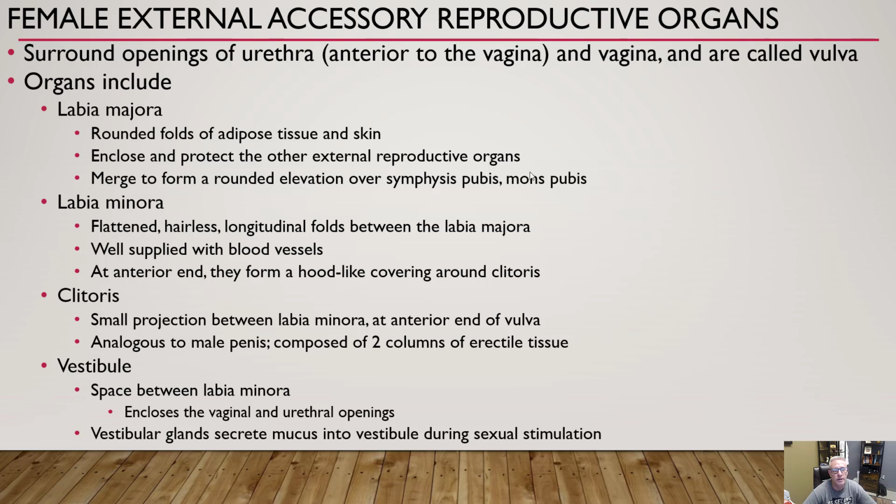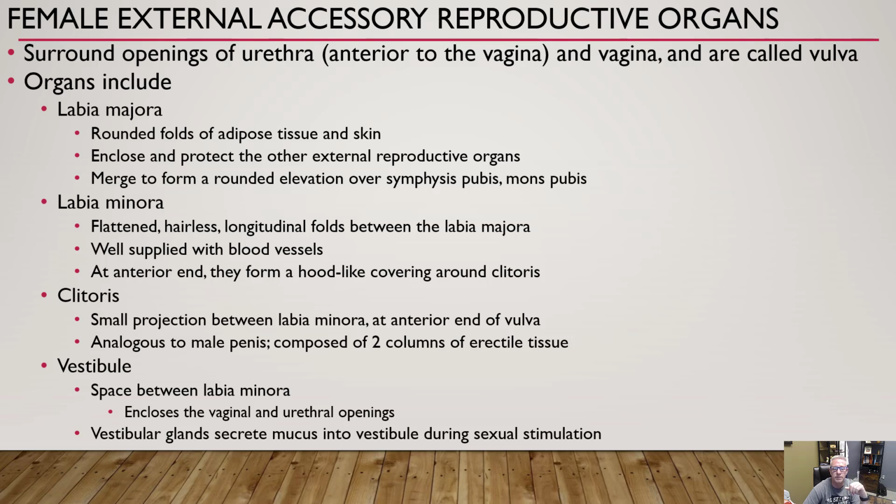So the labia majora are rounded folds of skin that are more near the symphysis pubis or the mons pubis. The labia minora are more at the anterior end, and they form a hood-like covering over the clitoris. The clitoris is between the labia minora at the anterior portion of the vulva.